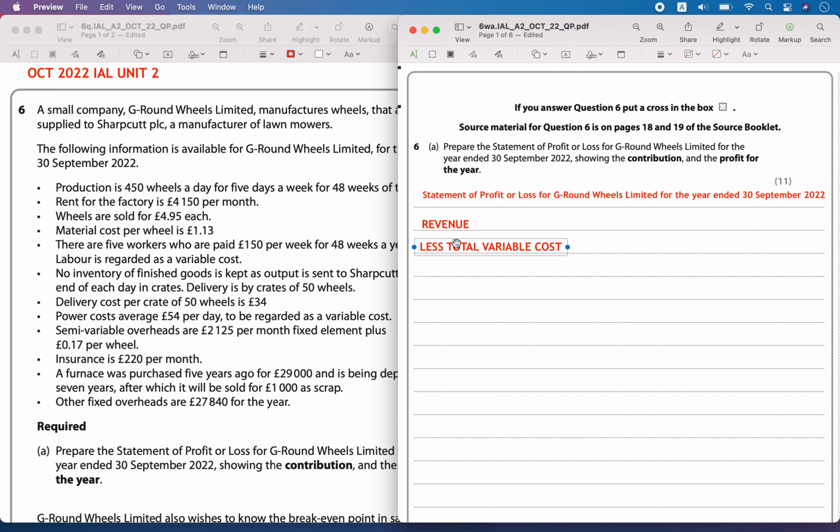Identify the revenue for the business, then the total variable cost. Contribution is revenue minus variable cost.